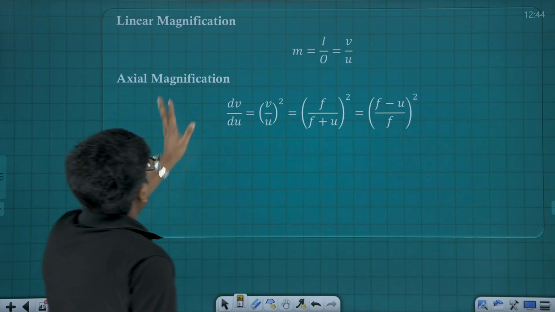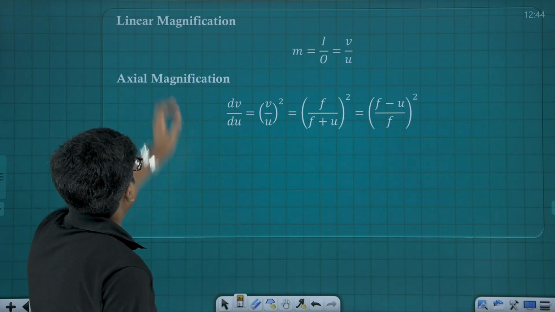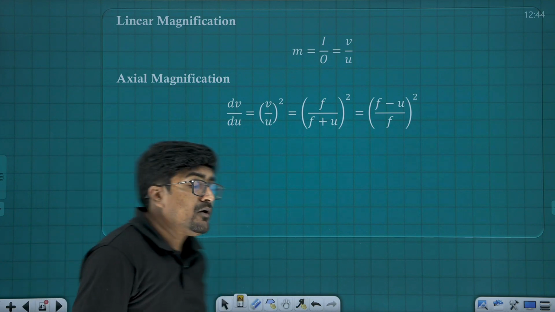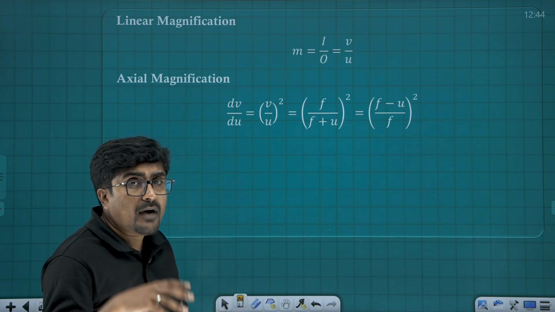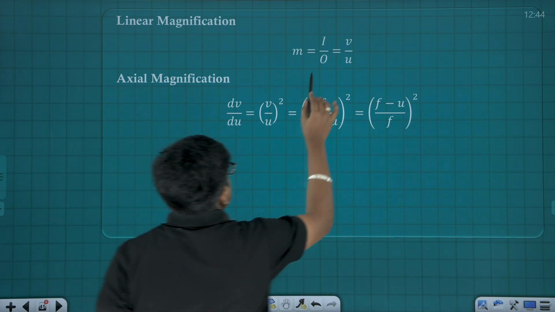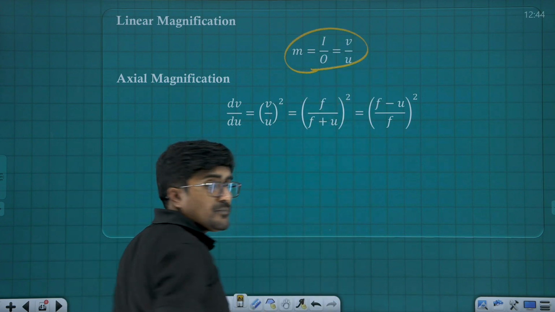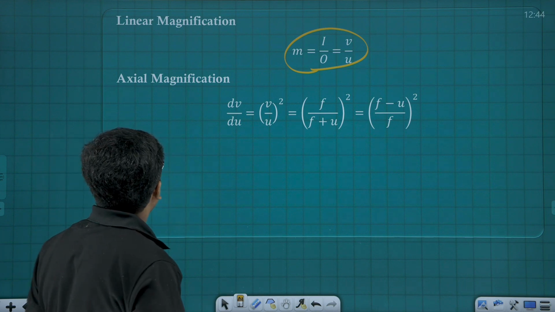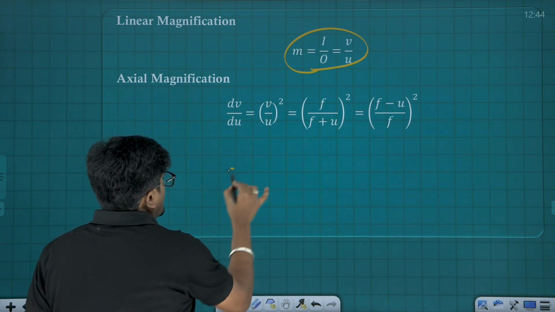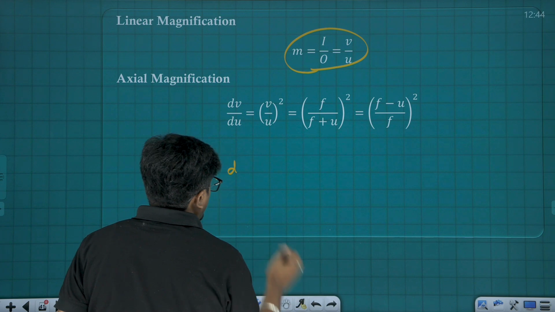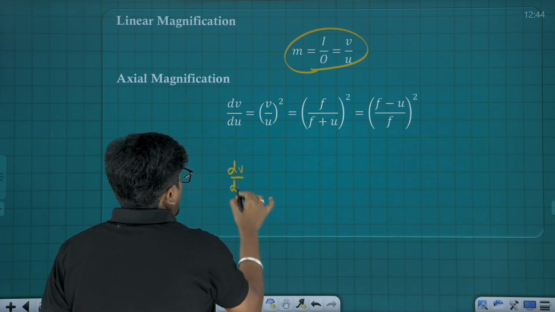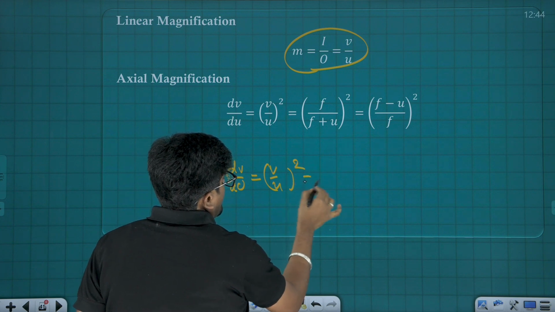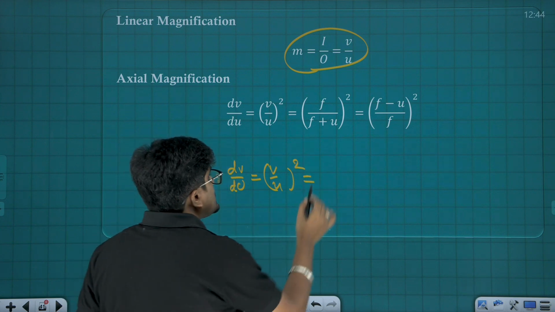Moving to the next, that is linear magnification of a lens. Linear magnification of mirror we discussed as what? M equal to minus V by U. Here this time it is plus V by U. There's only that difference. Now axial magnification. Here this time it's going to be dV by dU, that is V by U the whole square, as we discussed in the earlier case.